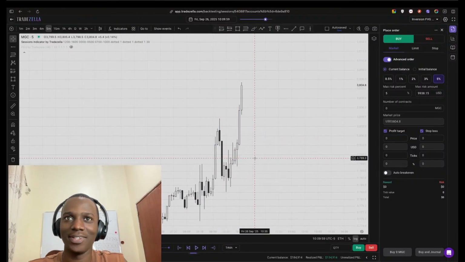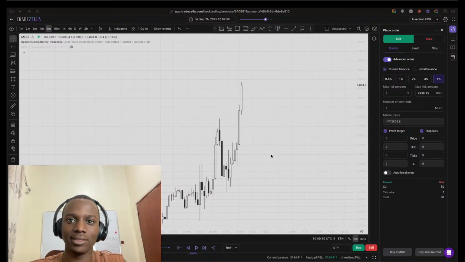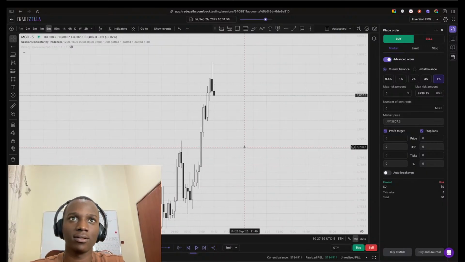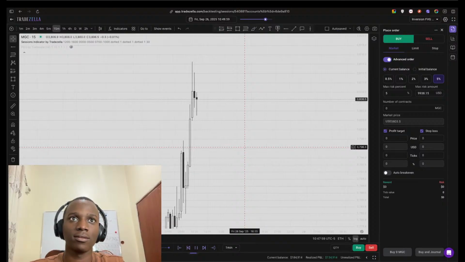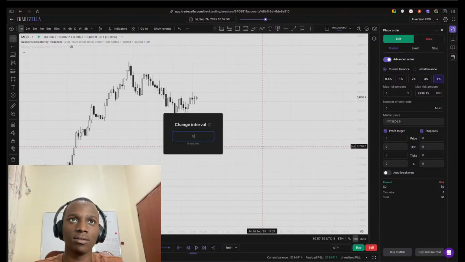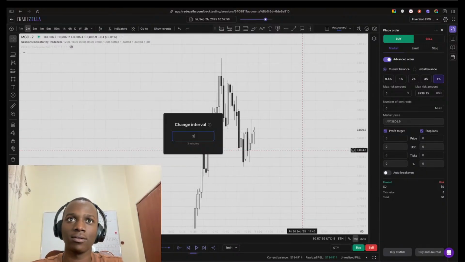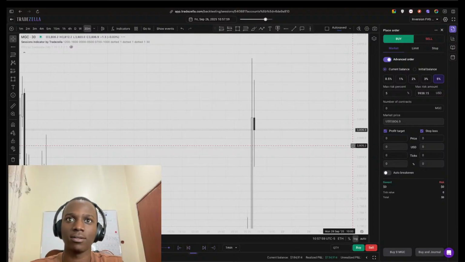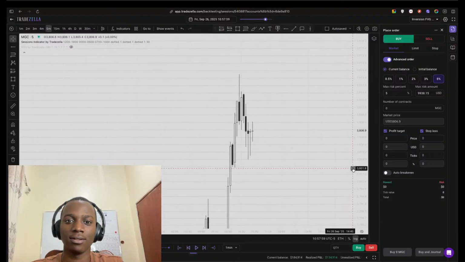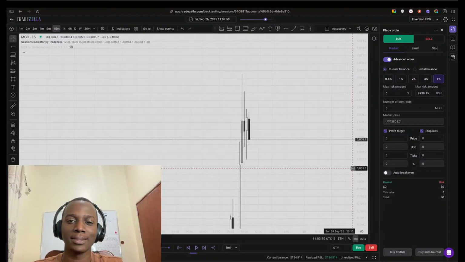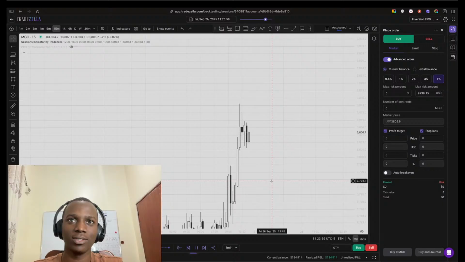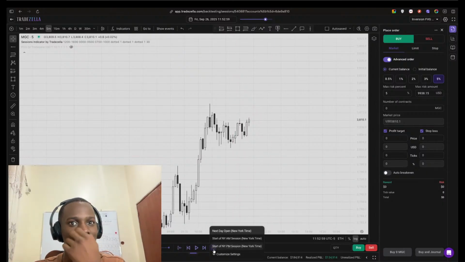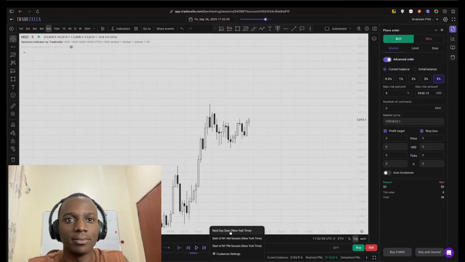We're slowly recovering. Okay, let's see if we get a 15-minute gap retracement. Consolidation. Okay, yeah, it's already late in the day, so let's just go to the next day open.